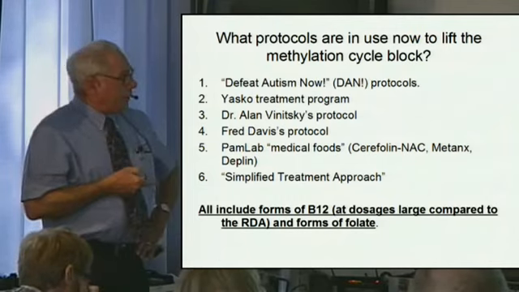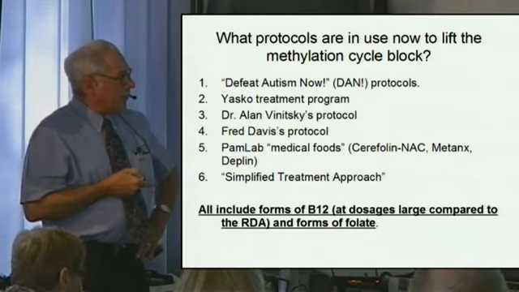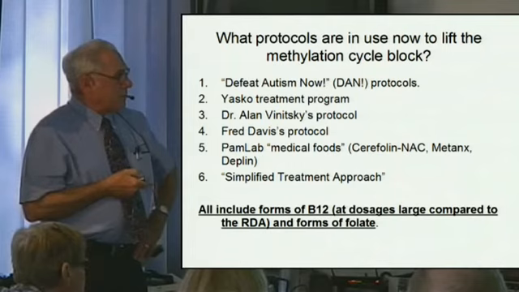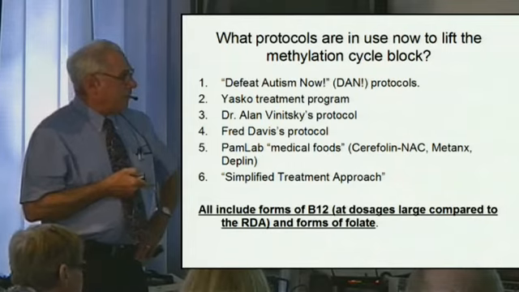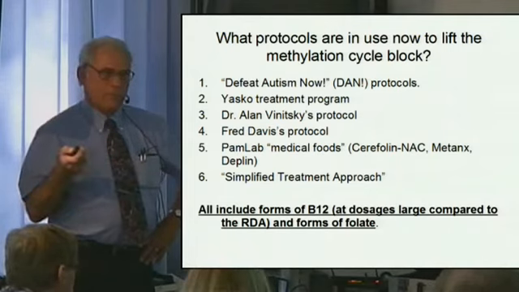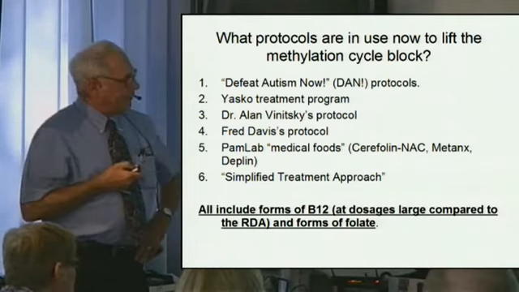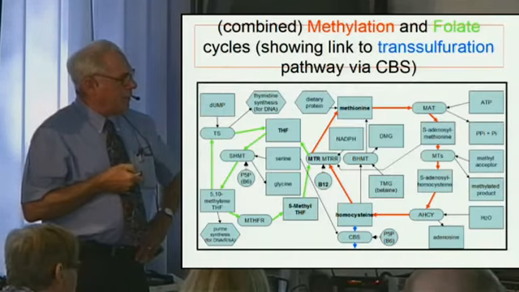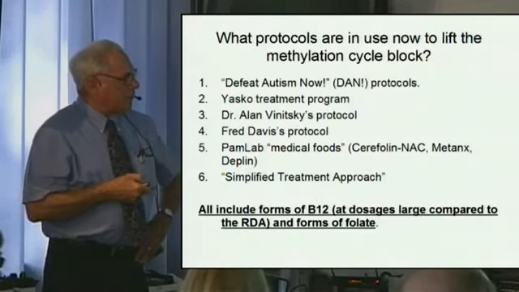Now there's a pharmaceutical company in Louisiana, USA, which is licensed by Merck to use methylfolate. Merck has the patent on making methylfolate, and so they've licensed PamLab to produce medical foods, and these are their foods here: Cerefolin NAC, Metanx, and Deplin. Deplin is pure methylfolate.